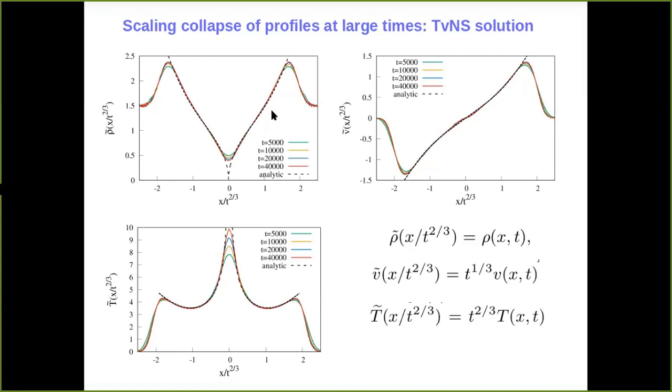And we also plot this dotted line, which is the TVNS solution, discussed by Santhosh earlier. So this is the TVNS solution, and the lines are the microscopic simulation result for these three fields. The scaled fields are defined in this way.